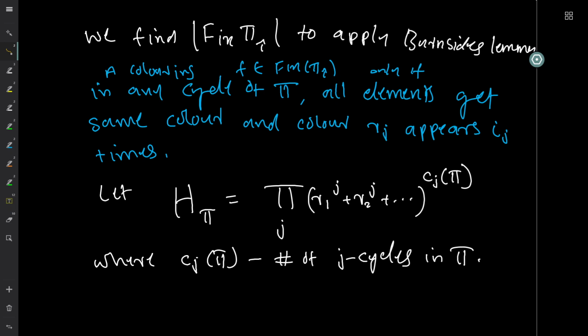Otherwise, when you rotate it, it is going to give a different color. And of course, the color Rj must appear exactly Ij times, because by definition, the action of pi on I cap is going to basically map a set of vertices with the same color to some other set of vertices, exactly the same number.